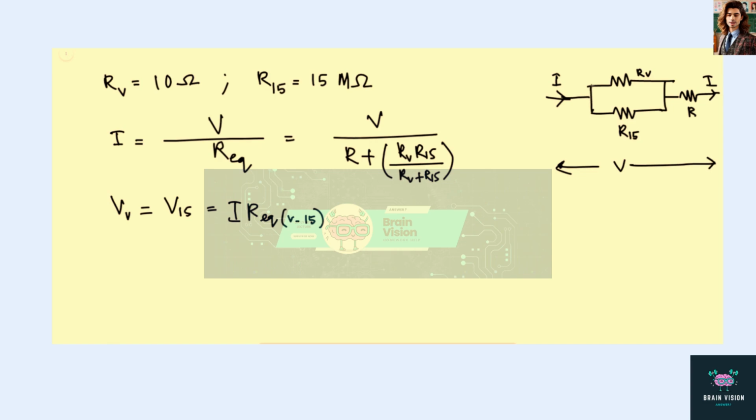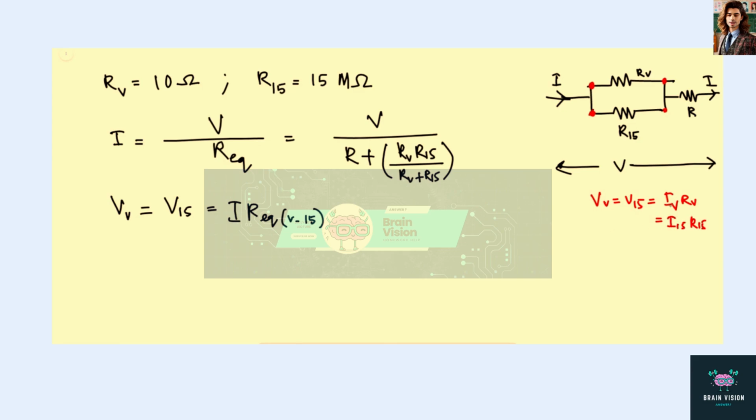VV is the potential difference of this resistor. But since these two are in parallel, the voltage VV will be equal to V15, as I wrote over here. By Ohm's law you can write this to be equal to IV RV or I15 R15.